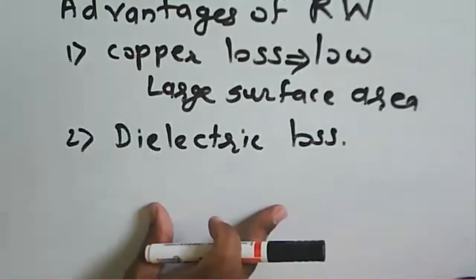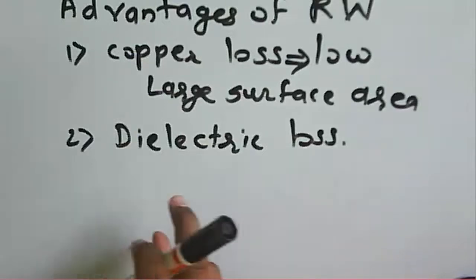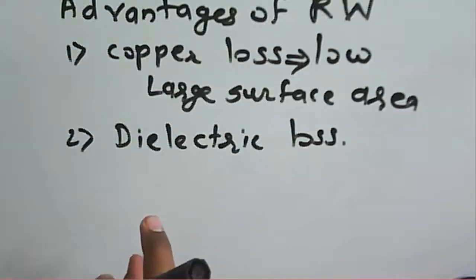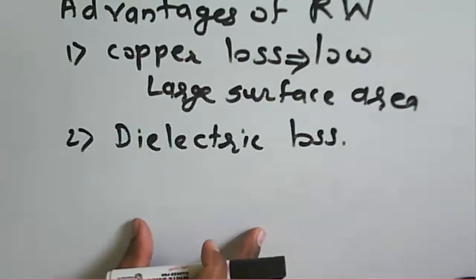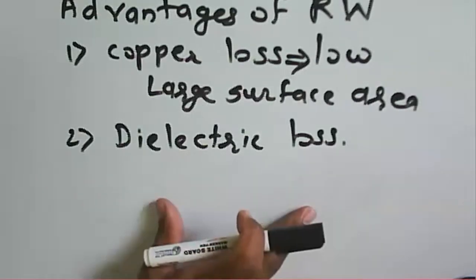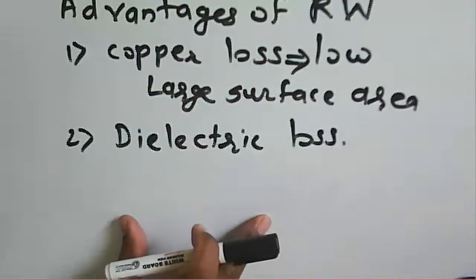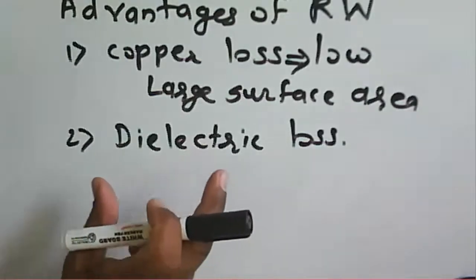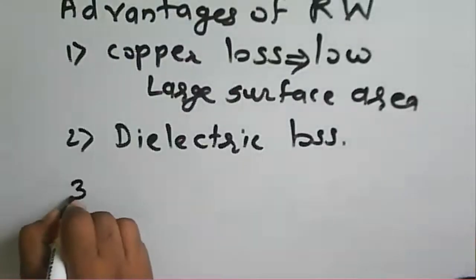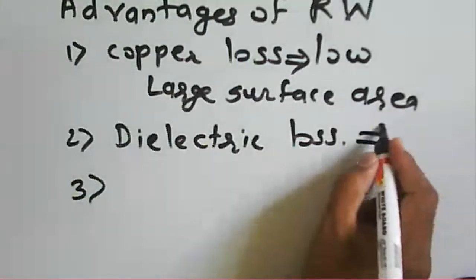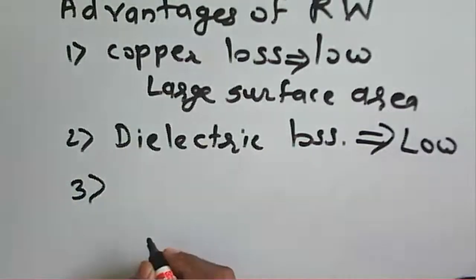But in the case of a waveguide, the inner wall is a hollow tube, and inside it has air. So the dielectric in a waveguide is air, and because of that it has lower dielectric losses as compared to the coaxial wire or a two-wire line. That's why we say dielectric losses are low here.